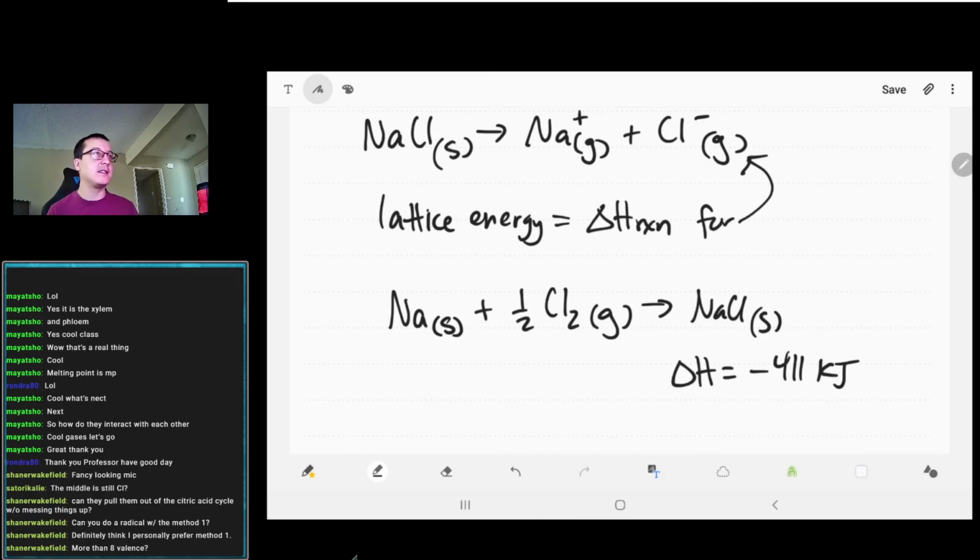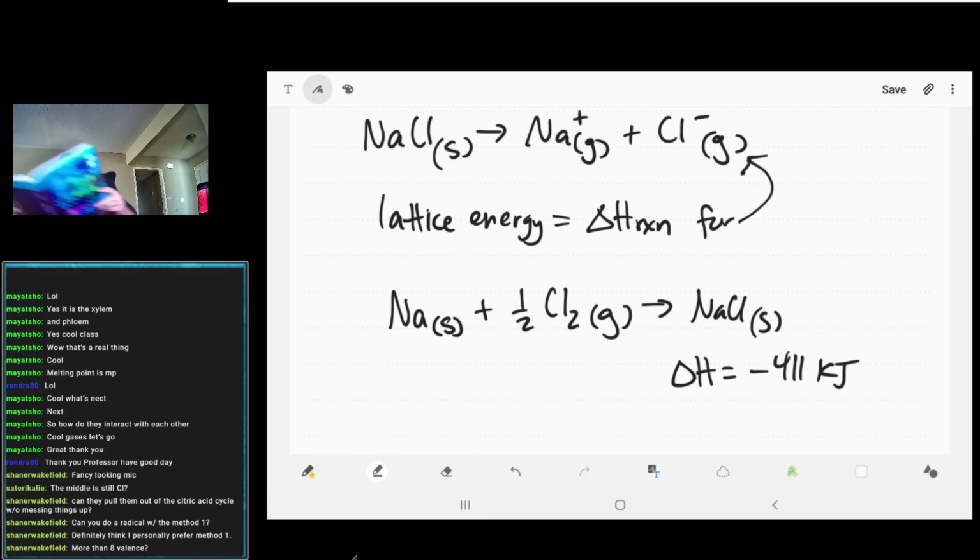We would expect metal and non-metal coming together to be exothermic. Especially, we know sodium is very reactive, chlorine is very reactive. We would expect this to happen immediately, right? And if we were to look this up on our heat of formation table, we would see, yeah, it's negative, a highly exothermic reaction. So let's see if we can figure this out.